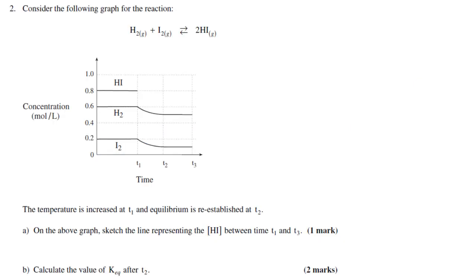Okay, now we're into the written questions. It says consider the following graph for this reaction. And the temperature is increased at time 1 and equilibrium is reestablished at time 2. On the above graph, sketch a line representing HI between time 1 and time 3. Okay.